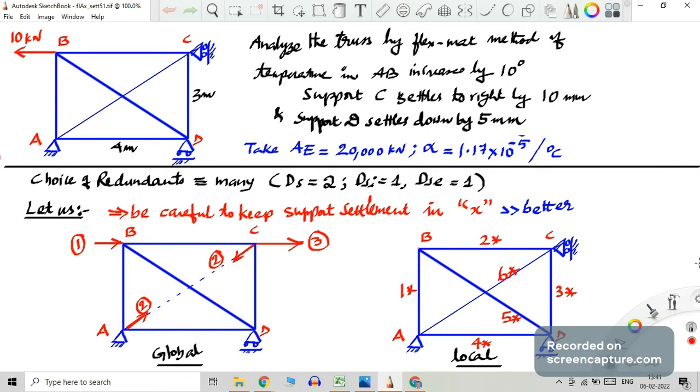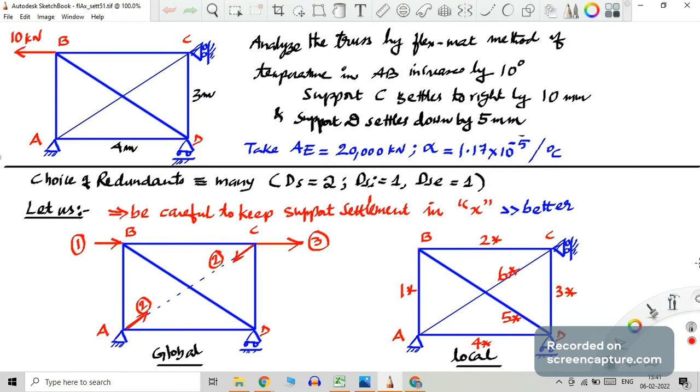Then 3 for representing the redundant support C. I have selected support C as the redundant. You can try the same thing with D as the support, removing D instead of C. Anyway, that you can try. We are not discussing that. We are only removing C here.